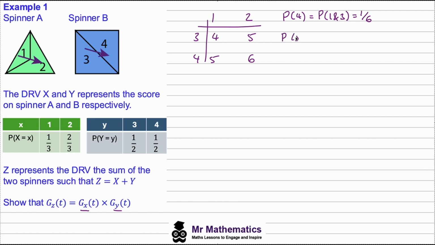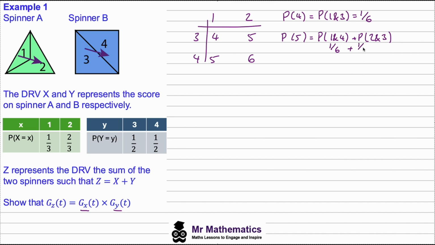Probability of getting a 5. Well, this would be a 1 followed by a 4, or a 2 followed by a 3. So we've got 1/3 times 1/2. This will give us 1/6. And then we've got 2/3 times 1/2.